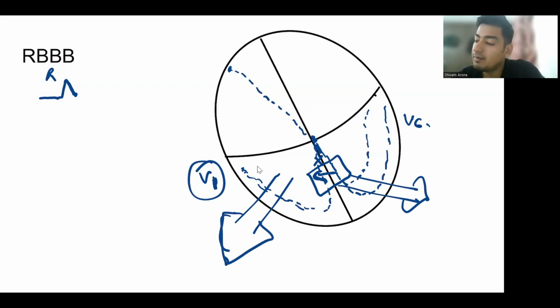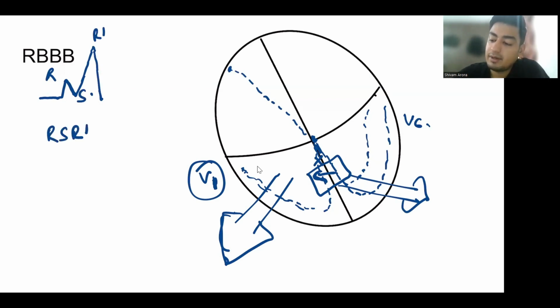So it will take more time and the vector would be large. So we'll have a positive R dash in V1, giving an RSR dash pattern in lead V1.